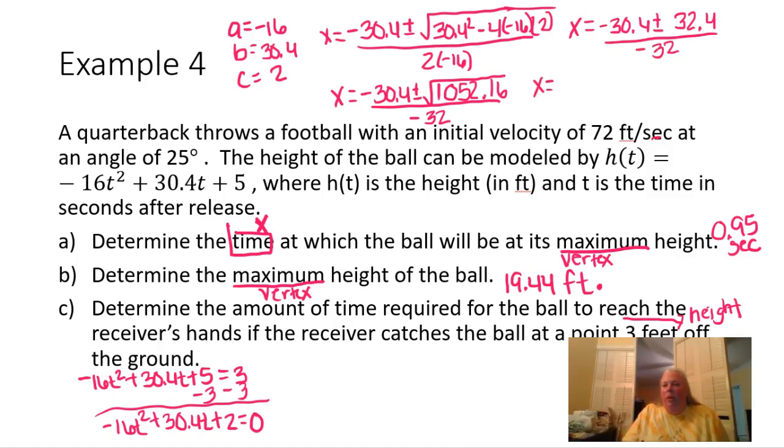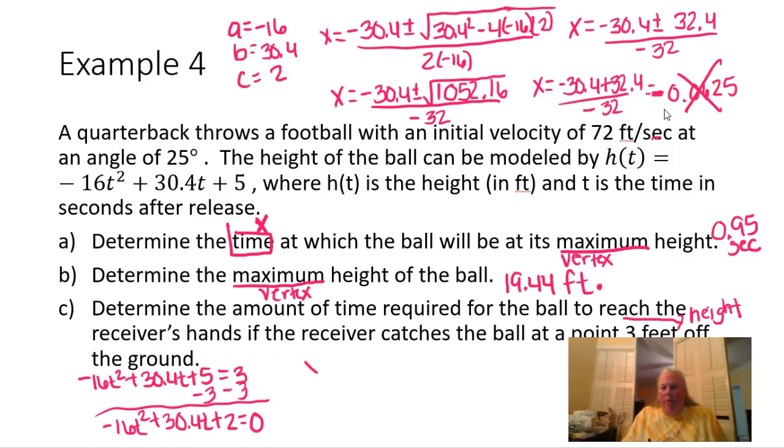And again, this is divided by negative 32. So we can have negative 30.4 plus 32.4 divided by negative 32. Let's see what that gives us. That gives me negative 0.0625. Now, since the t stands for time and we've got a negative number here, we can throw that one out because our time can't be negative.